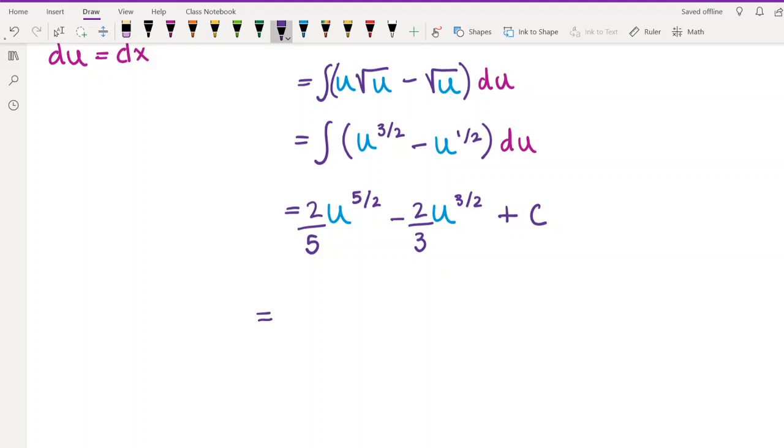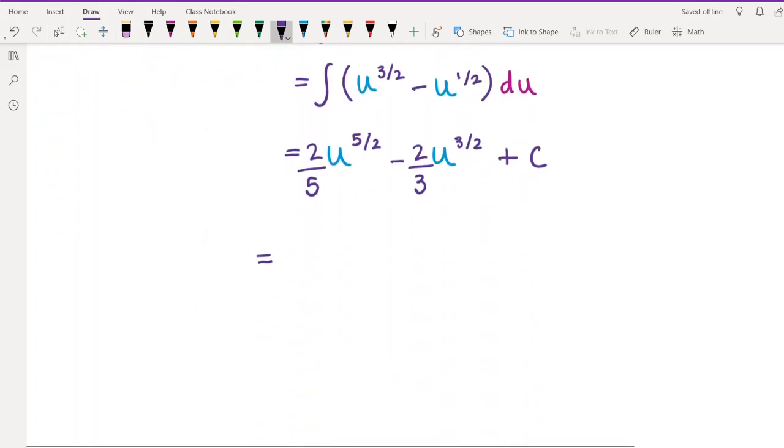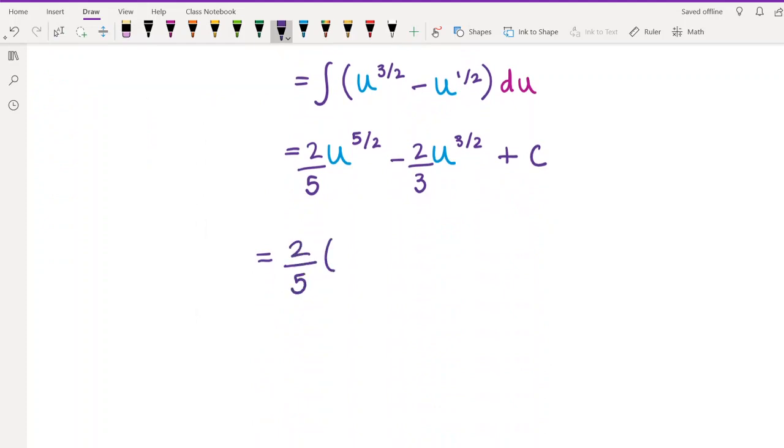So u was equal to x plus 1. So we're left with 2/5 times x plus 1 to the 5/2 minus 2/3 times x plus 1 to the 3/2 plus c.